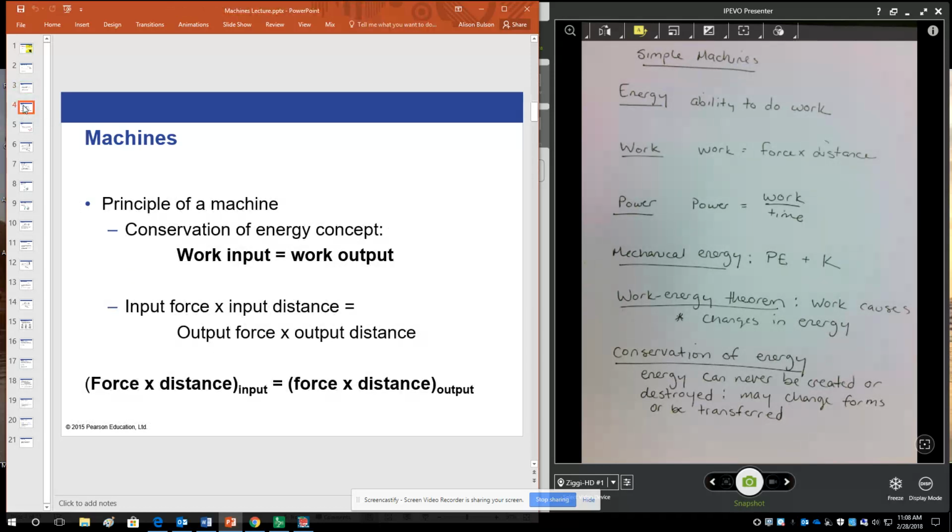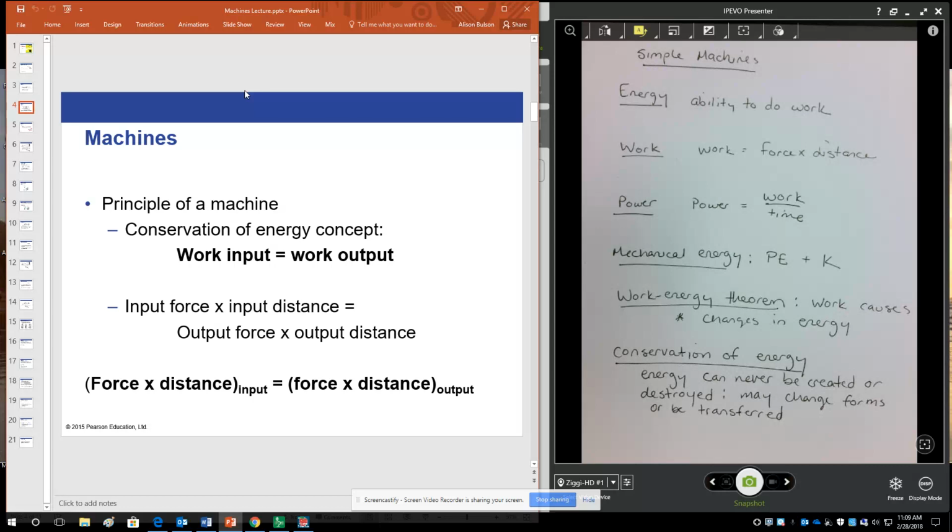The principle of machines, particularly simple machines, is conservation of energy, where the work we do input to the machine has to be equal to the work the machine does output of the machine.